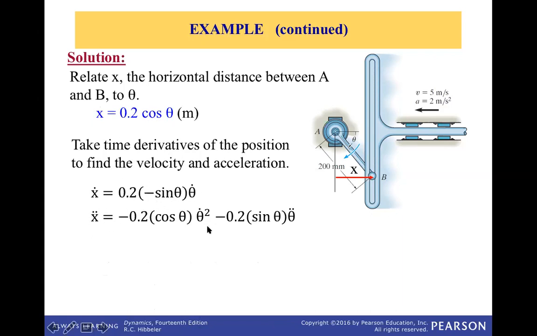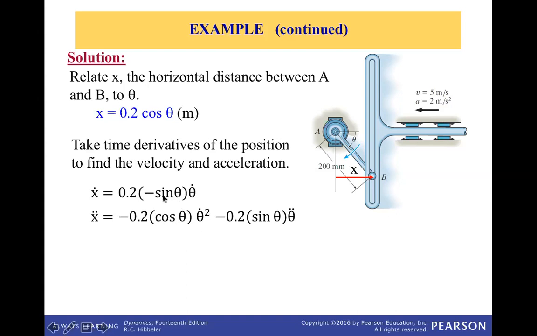Take a second time derivative, you get this one. It's the derivative of A multiplied by B, so you take the derivative of A first times B, plus the derivative of B times A. Then you apply the chain rule to the trig term.